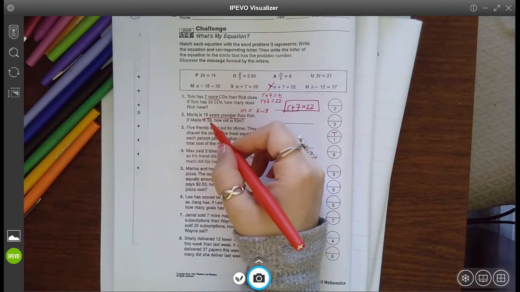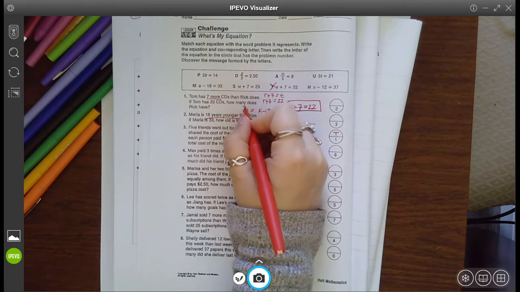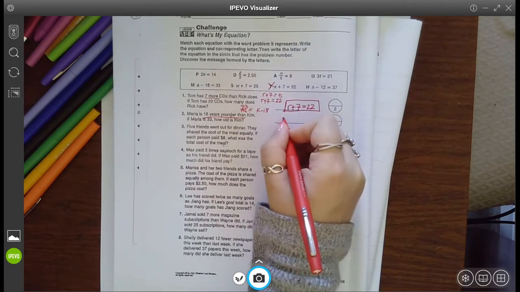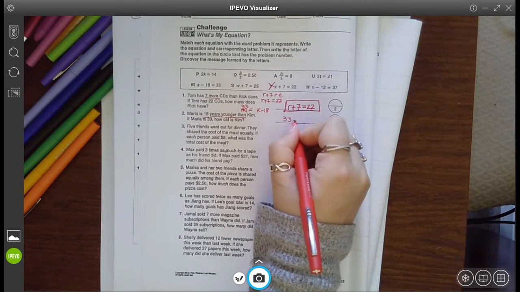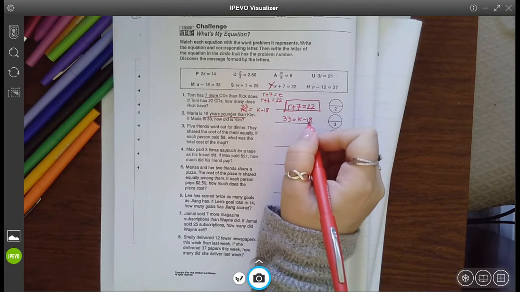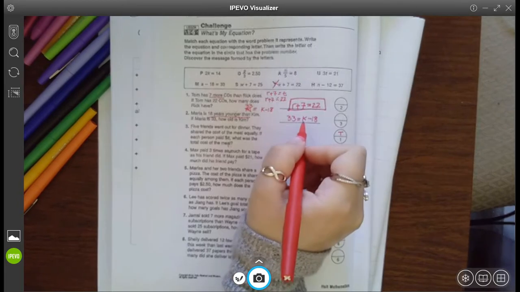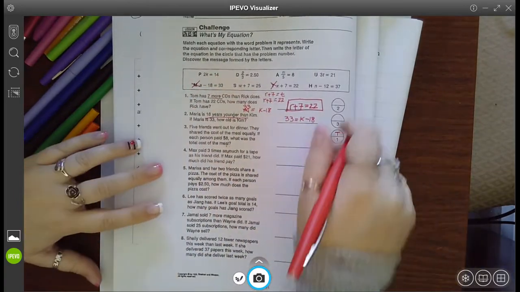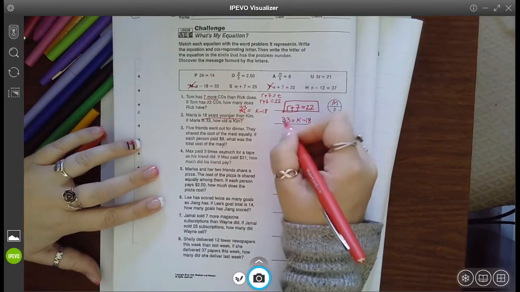They said if Maria is 33, so let's replace the M with a 33, then how old is Kimmy? So now the equation is 33 equals K minus 18, or K minus 18 equals 33. Do you see one up there? Right here. Even though I used a K and they used an A, same thing. So number 2 is an M.